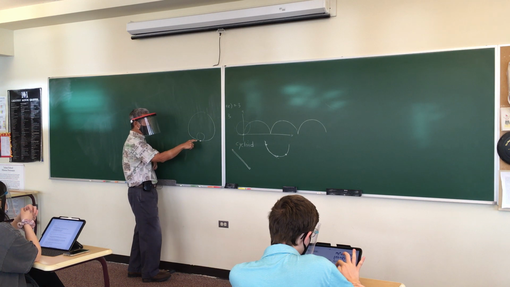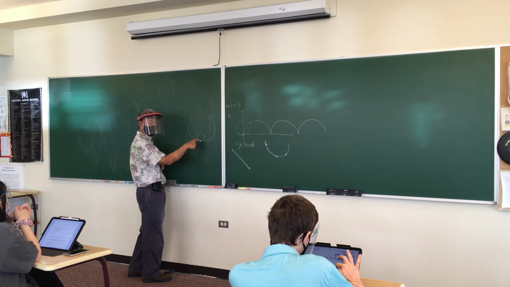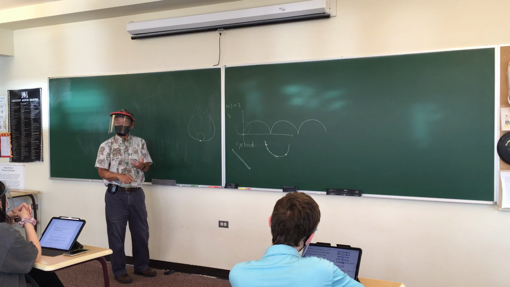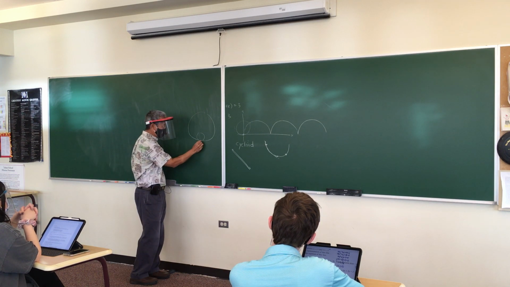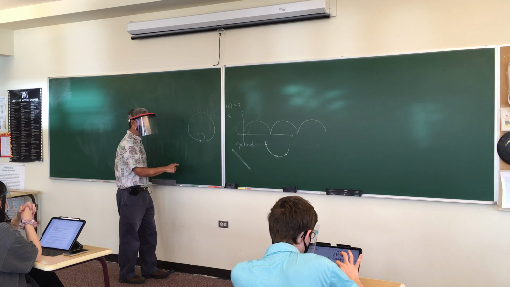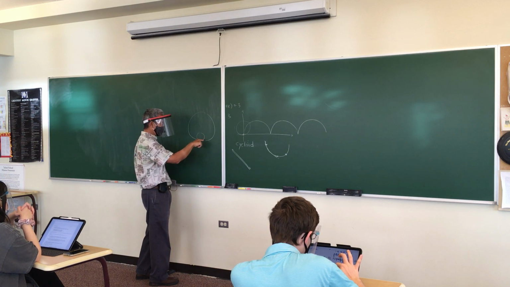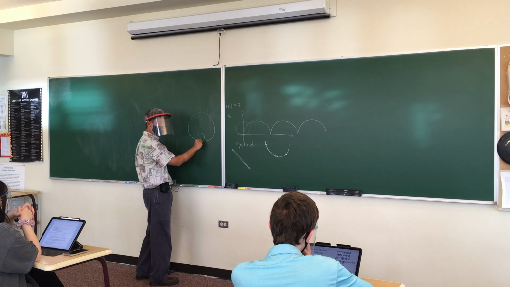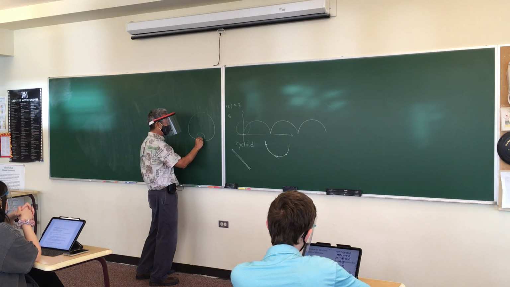What if I were to roll the circle on the inside of the bigger circle without slipping? What would be the path traced out by this point? Can you imagine? Roll it. What would happen? You would see something like this.